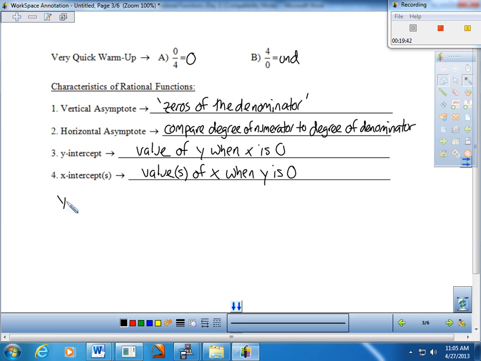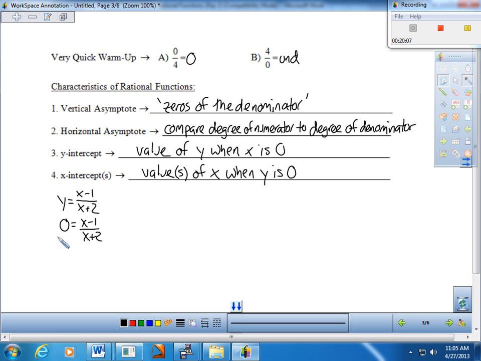So I will erase this momentarily, but what if I gave you something like this? If I gave you a rational function that looked just like that, and I said find the x-intercepts, and all you know about x-intercepts is it's the value or values of x when y is 0. So think about this for a sec. So your instinct would probably allow you to do that. You would say the y value is 0. And then what would you do from there? What would you know had to be the case in a fraction in order to make the output or the answer 0? And again, there's a reason I did that warm-up up above.